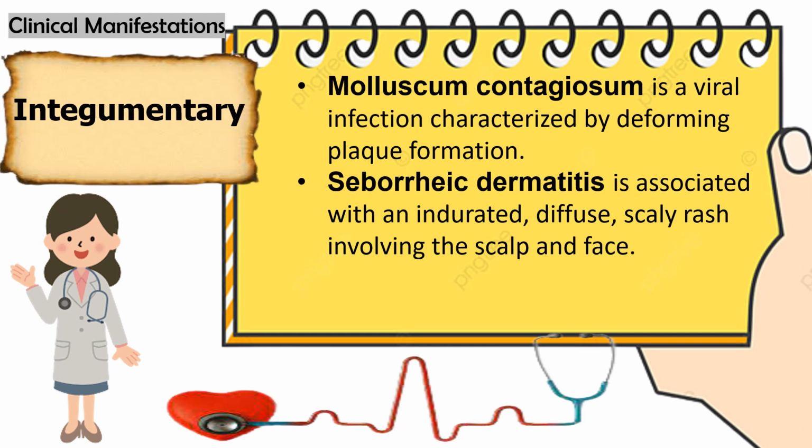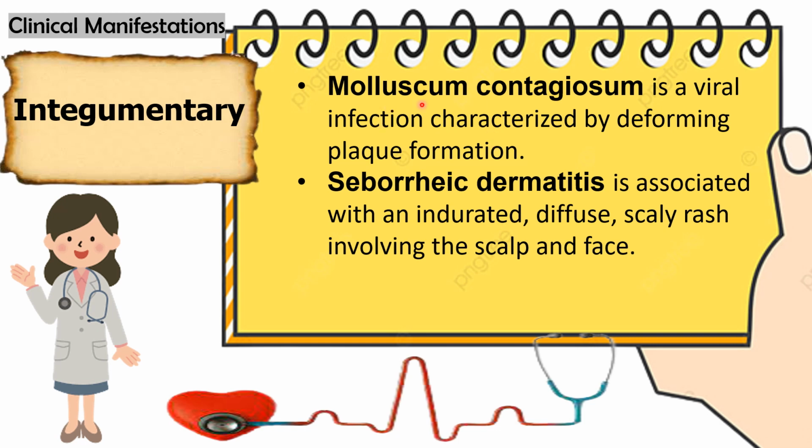For the integumentary system, cutaneous manifestations are associated with HIV infection and the accompanying opportunistic infections and malignancies, such as Kaposi sarcoma, which was described earlier. Opportunistic infections such as herpes zoster and herpes simplex are associated with painful vesicles that disrupt the skin integrity.